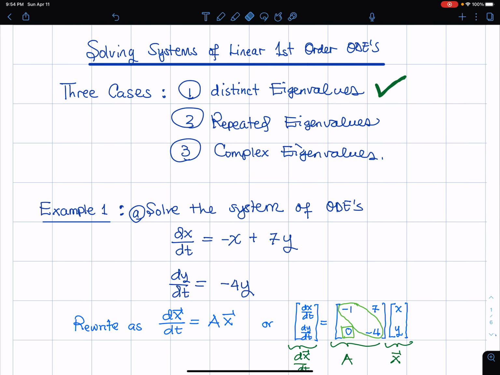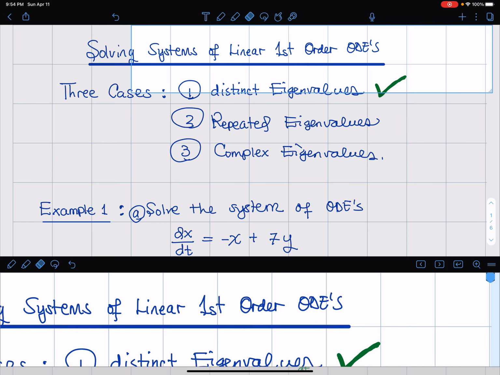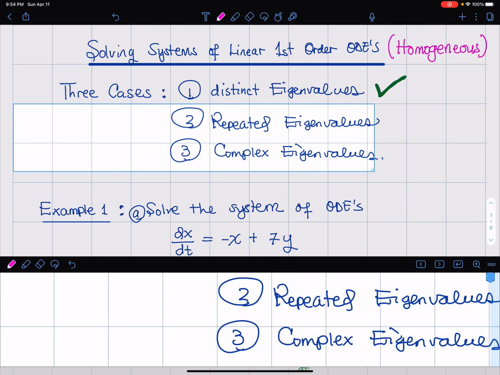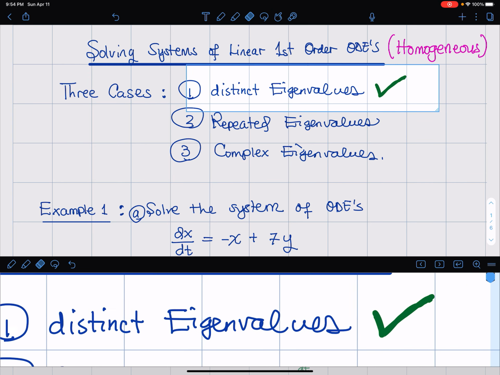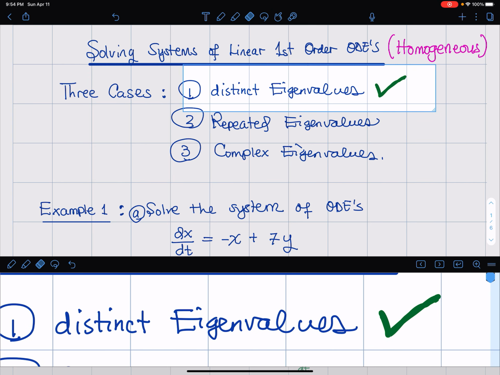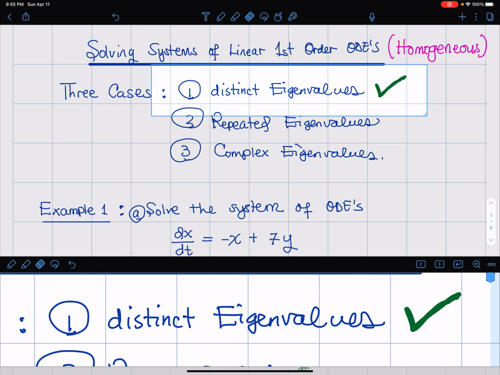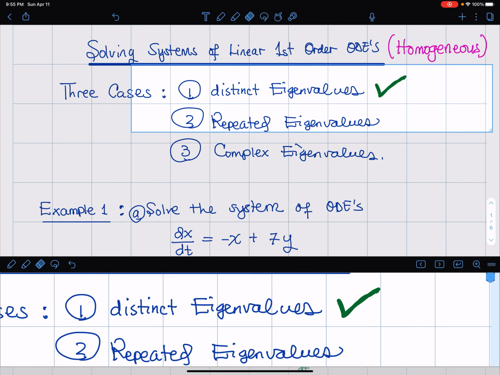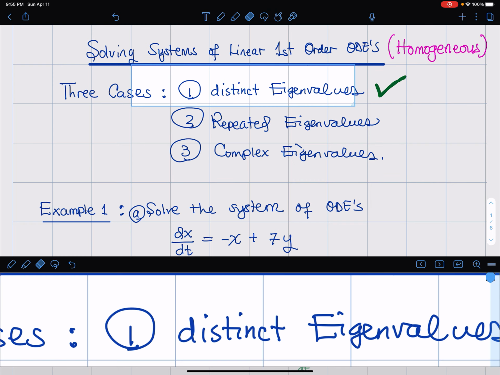We're going to continue solving systems of linear first order equations. And I want to make a clarification. The clarification is that our focus is on homogeneous systems. Okay. So in the last video, we looked at a case where the two equations involved in the system have distinct eigenvalues.